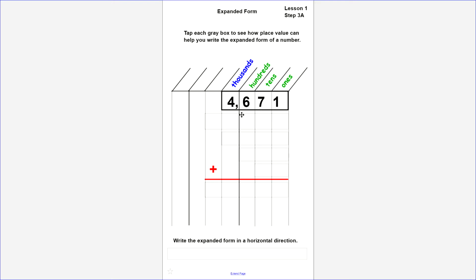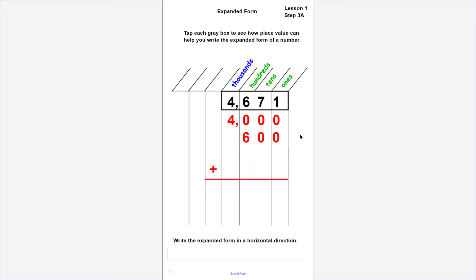We'll start with our greatest place value, the thousands place. I see there's a 4 in the thousands place, and I know that the value of 4,000 is 4,000. Now I'm going to think about the hundreds place. I see that there's a 6 in the hundreds place, and I know the value of 600 is 600.